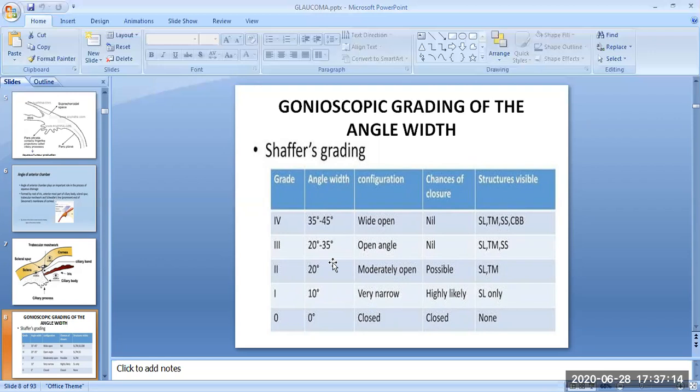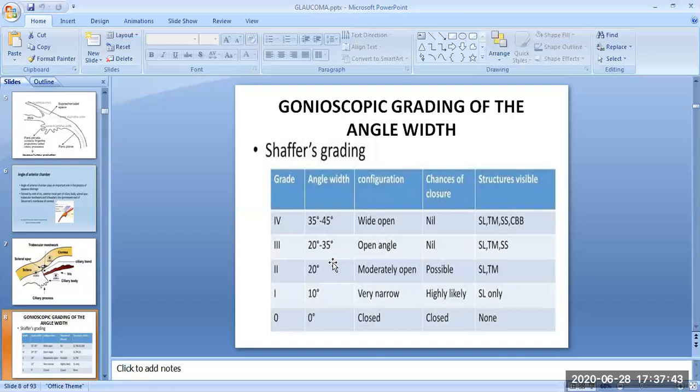First is grade 4, in which the angle width is 35 to 45 degrees and the configuration is wide open. The chance of closure of the angle of the anterior chamber is nil. The structures visible will be Schwalbe's line, trabecular meshwork, scleral spur, and the ciliary body band, called the CBB.